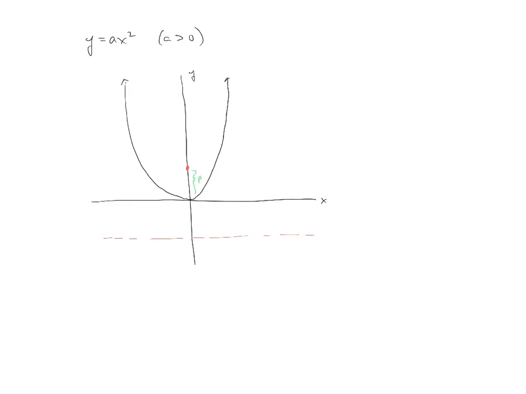So that's a p and that's a p, which essentially then means that the vertex is always going to be halfway between the focus and the directrix. Okay, so if we call that distance p, this point would be the point (0, p), and this directrix down here would have the equation y equals negative p.